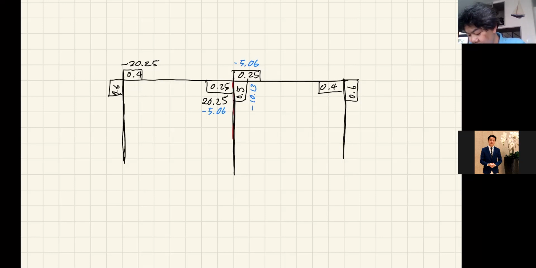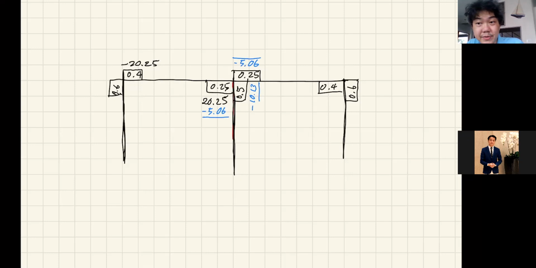Okay. So to help reduce the confusion, I can say that I have balanced the moment. So I'm going to put the line here just to show that, okay, this is the end of my first cycle. Okay.